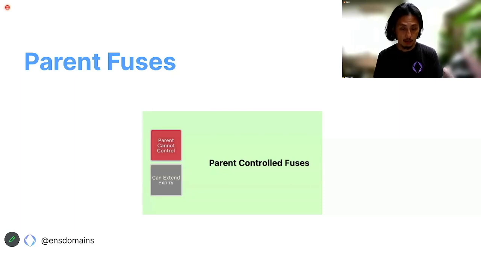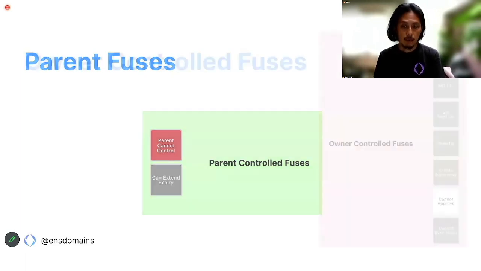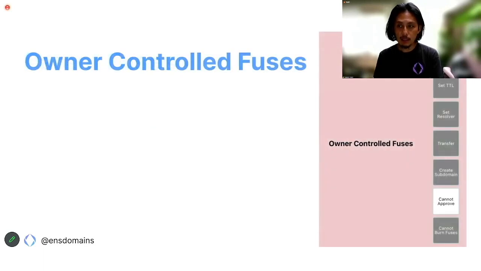The first thing you need to do is control the parent's ability to control the subname. That is one of the fuses. Once that's been burned, for all the subnames you create, you can fine-tune the ways the subnames can behave.